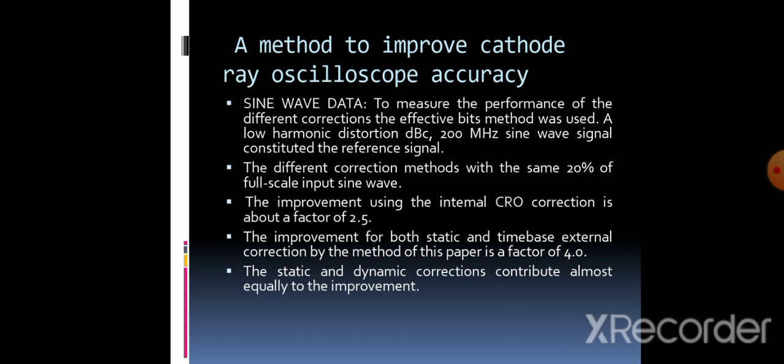The improvement using the internal CRO correction is about a factor of 2.5. The improvement of both static and time-based external correction by the methods of this paper is a factor of 4, and the static and dynamic corrections contributed almost equally to the improvement.